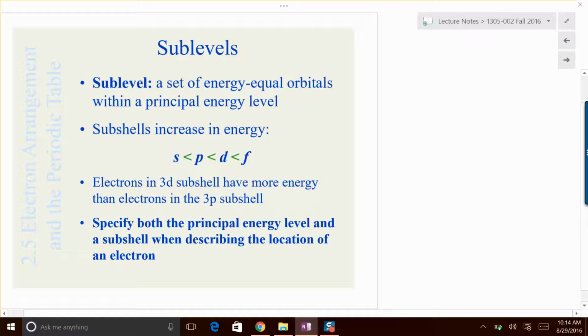All right. So how do these relate by energy? Well, an S sub-energy level has lower energy than a P, which has lower energy than a D, which has lower energy than an F. And electrons fill by energy. They go to where it requires less energy. That's what we do, right?